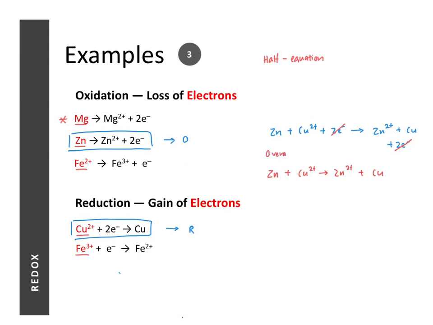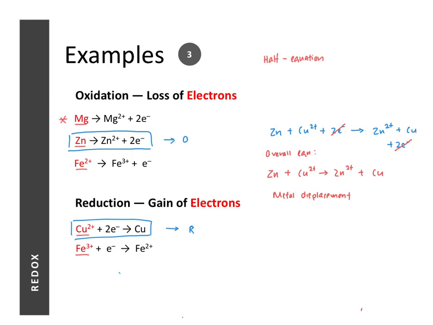If you look at the overall equation, I hope you can identify what kind of reaction this is. This is actually the ionic equation for a metal displacement reaction. Zinc, being the more reactive metal of the two, displaces copper from its salt solution.